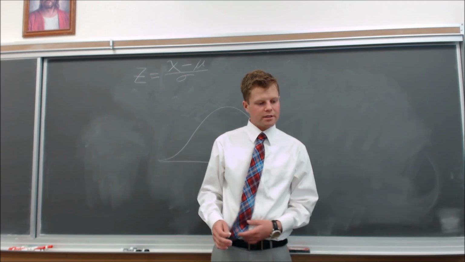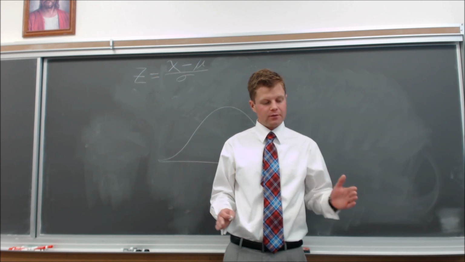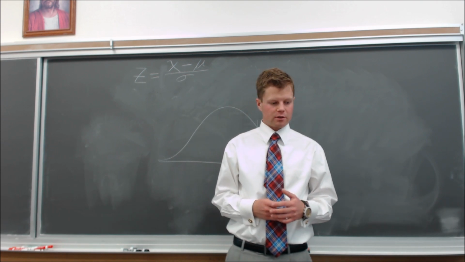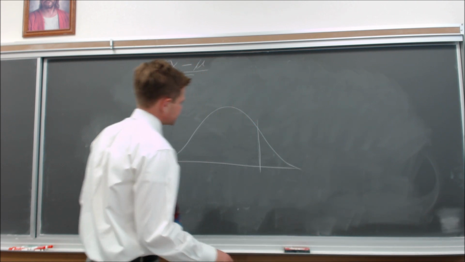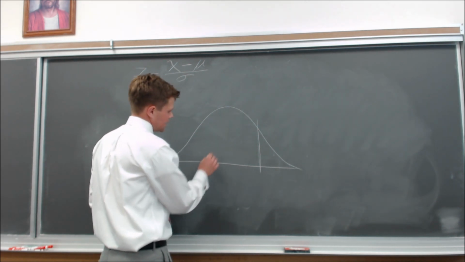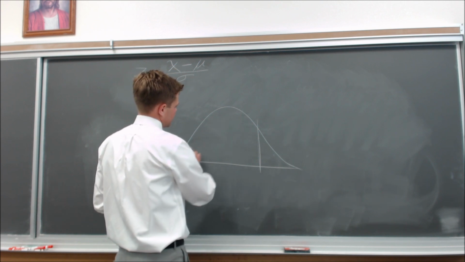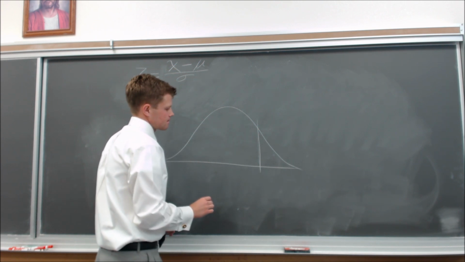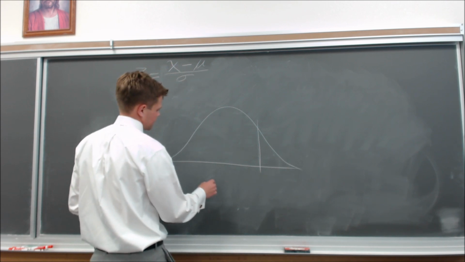Part E. What is the probability that a randomly selected particle has a speed that is between 1,500 and 2,500? Okay, so we're going to show this graphically. I think this will help you visualize how this is going. So our probability at the beginning that a particle would have a speed lower than 2,500 was 0.8783.